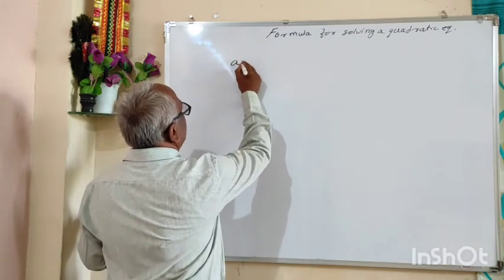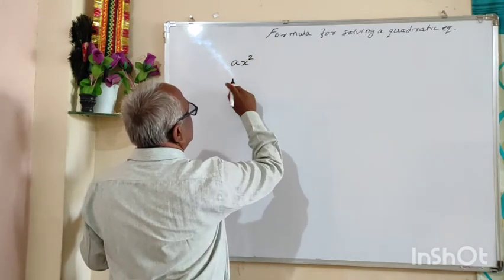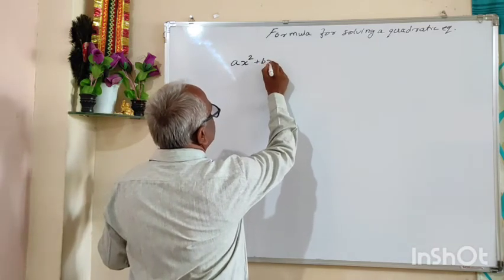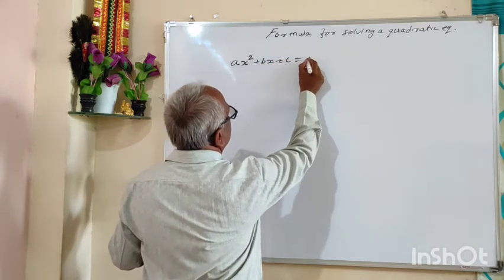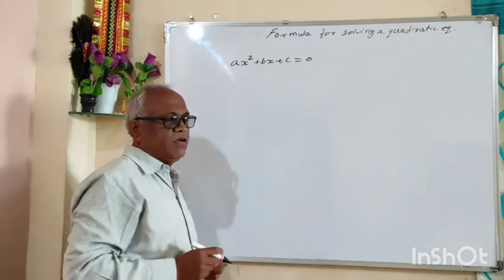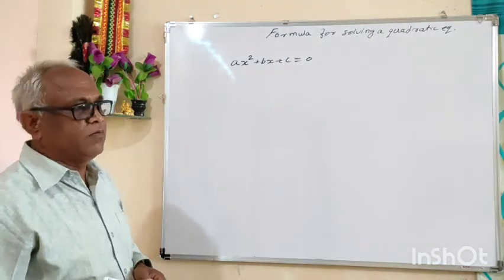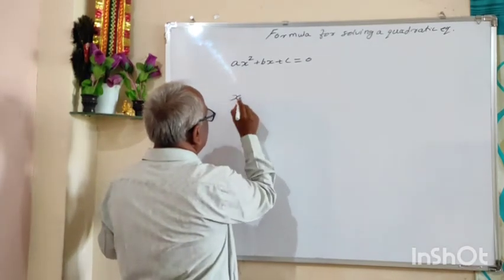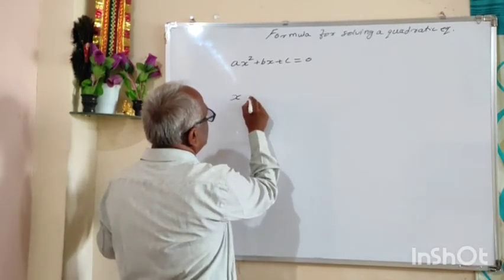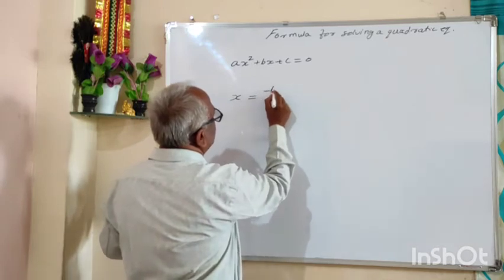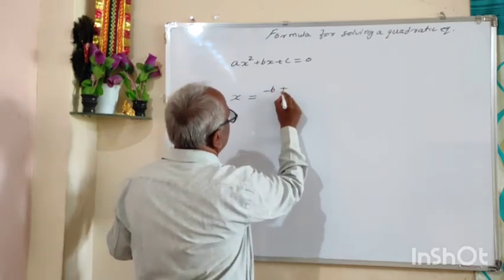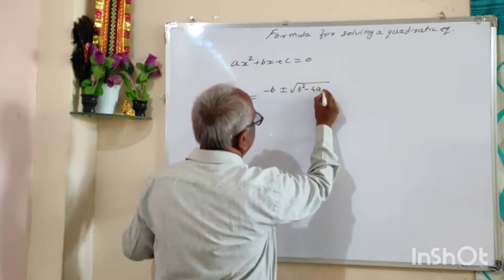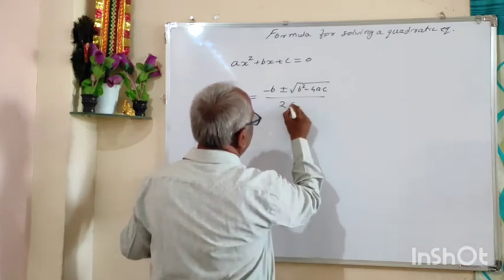We know the general form of the quadratic equation: ax square plus bx plus c is equal to 0. By completing the square, if we solve, we will get the roots of this quadratic equation, that is x is equal to minus b plus or minus under root b square minus 4ac upon 2a.